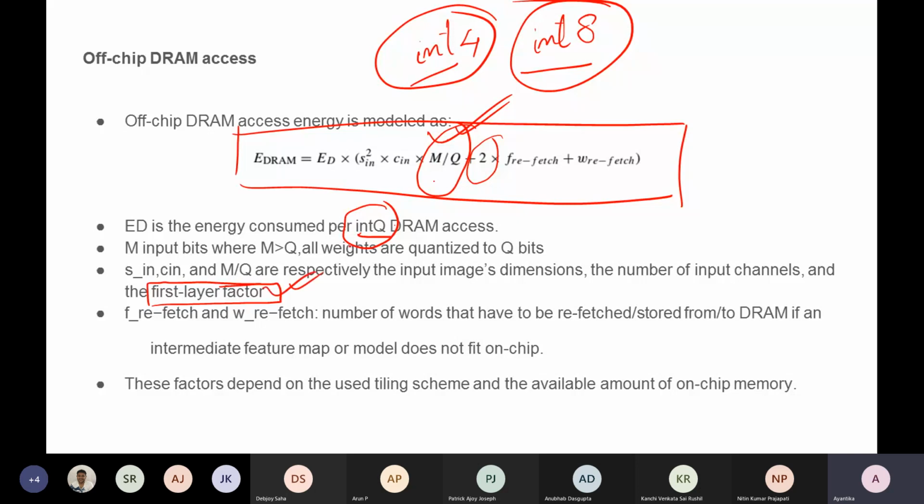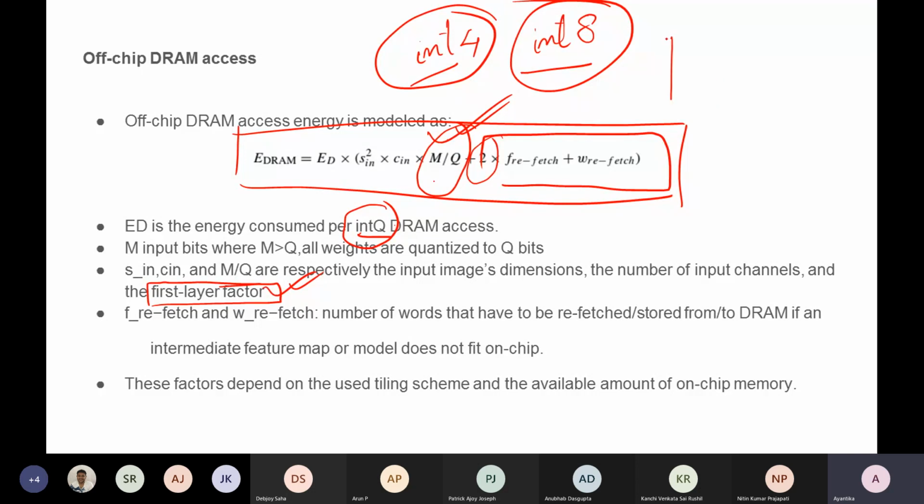This is one thing. I was expecting this question. Maybe you have already understood, maybe it is a repetition, but still I'm repeating this part. And this two into refetch and prefetch. Initially this is easy to understand: writing and reading during the refetch.